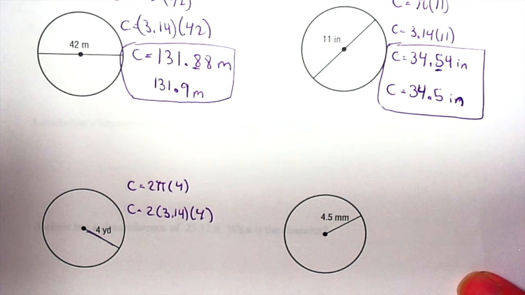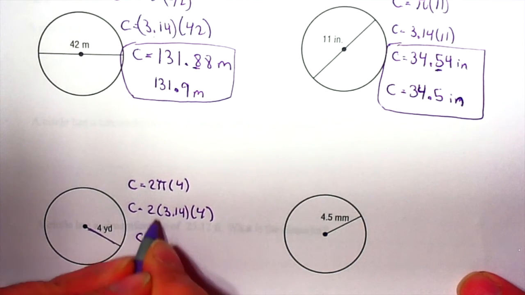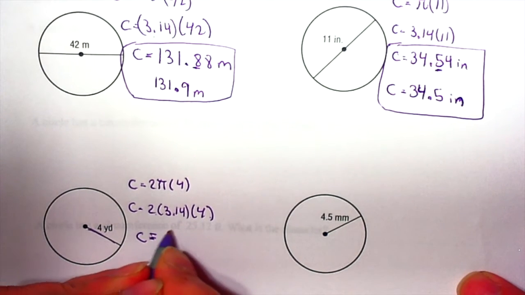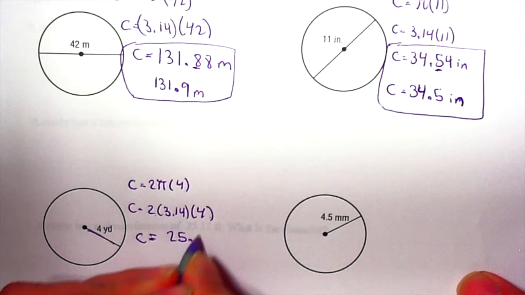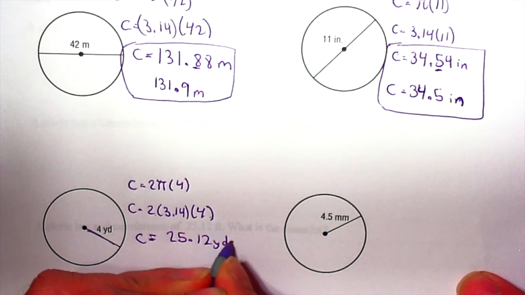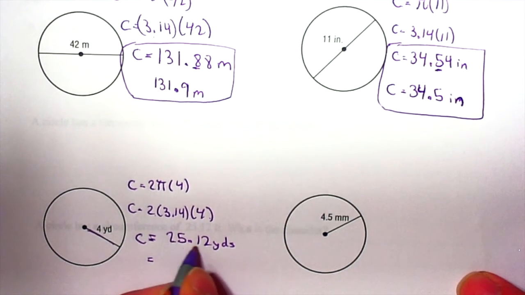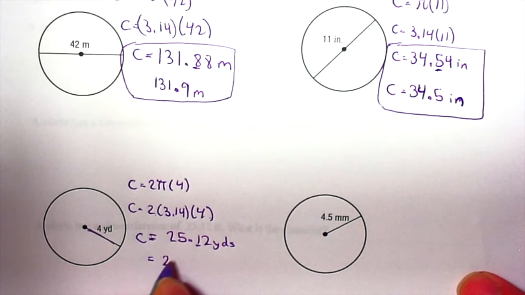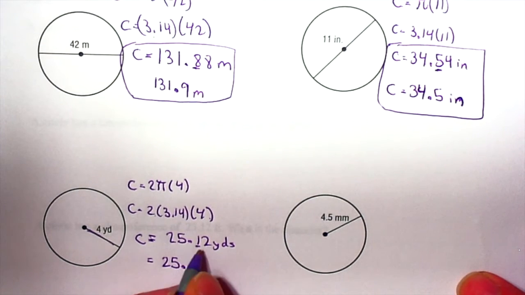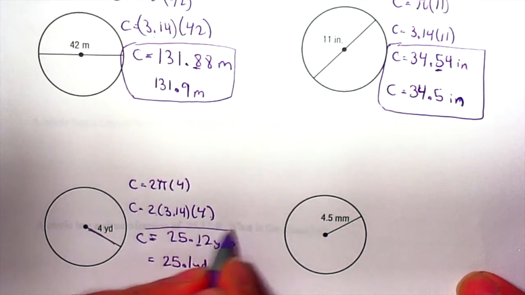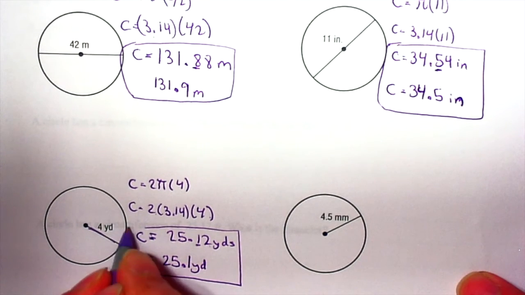Well, once I multiply those three numbers together, the circumference is equal to 25.12 yards. Which again, if I want to go to the nearest tenth, I look at this 1, I see behind it's a 2, so it's going to stay a 1, so it's 25.1 yards.